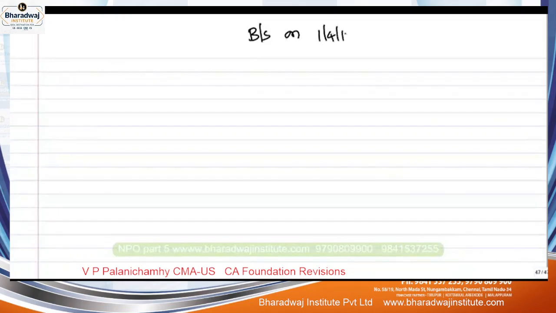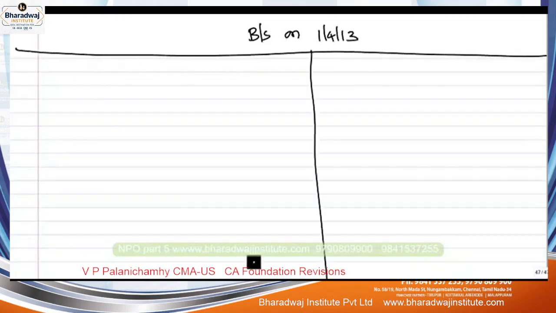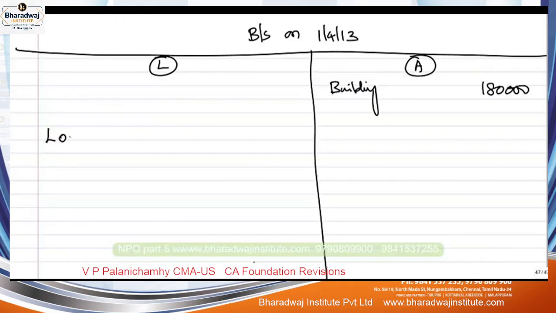Balance sheet on what date? 1st April 2013. Building. What is the building owned by the association? And loan also. 1,90,000. Loan 30,000.